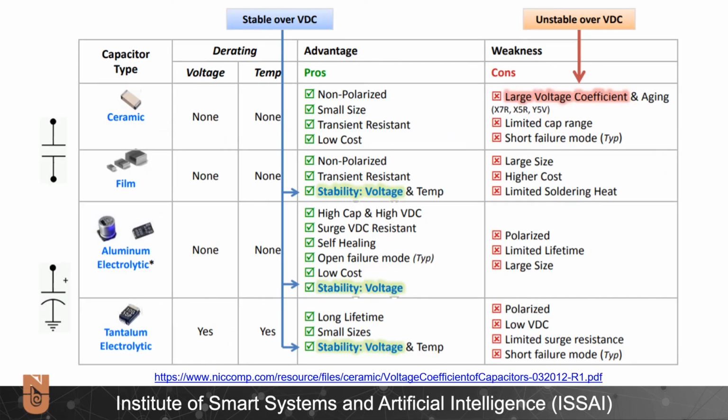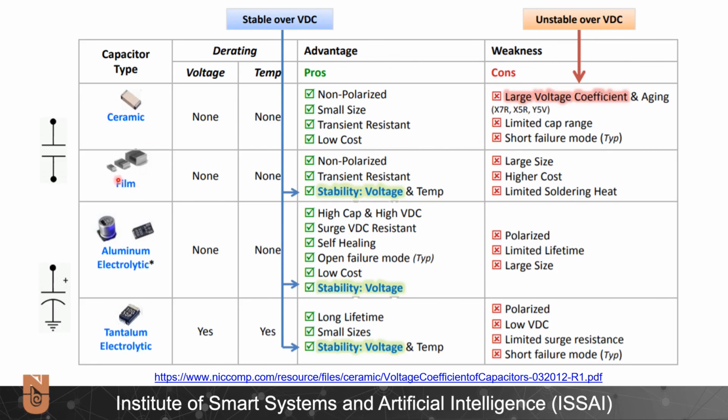When we solve exercises for electrical circuits, we very rarely think about the different types of capacitors. However, choosing the right capacitor for your application is an art. There are four main types of capacitors: ceramic capacitors, film capacitors, and aluminum and tantalum electrolytic capacitors.